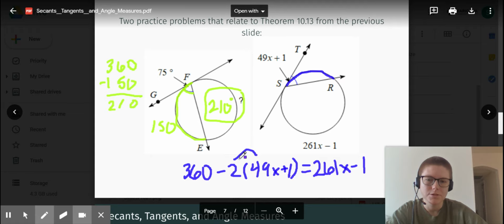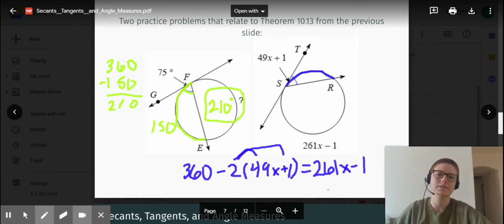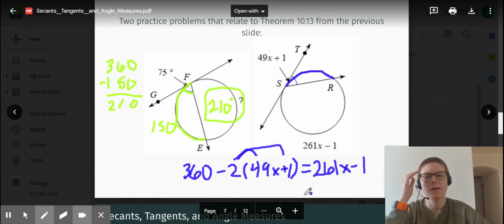We distribute our 2. Okay. 2 49s is 98. So we get 360 minus 98x plus 2.